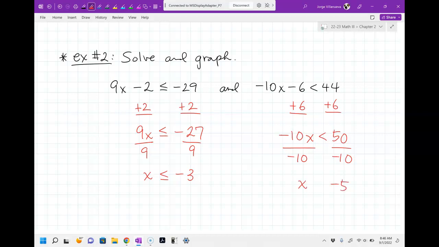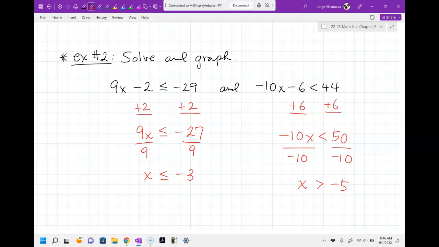But what do I do to that symbol? Yeah, I got to switch the side, right? Right now it's pointing left. It's going to have to point right because I'm dividing by a negative number on both sides.